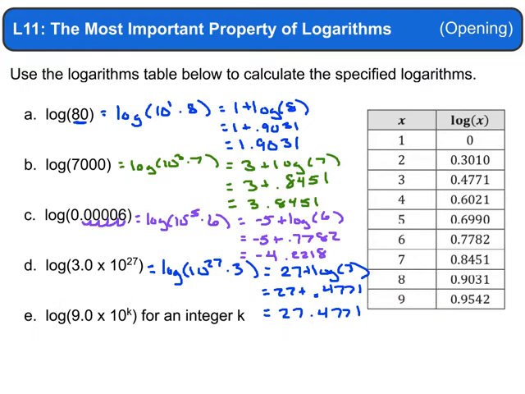And if we did it with letter E, if we rewrote this as log of 10 to the k power times 9, that would be equal to k plus the log of 9, which means this would be equal to k plus 0.9542. So that is our opening exercise to review what we just did.